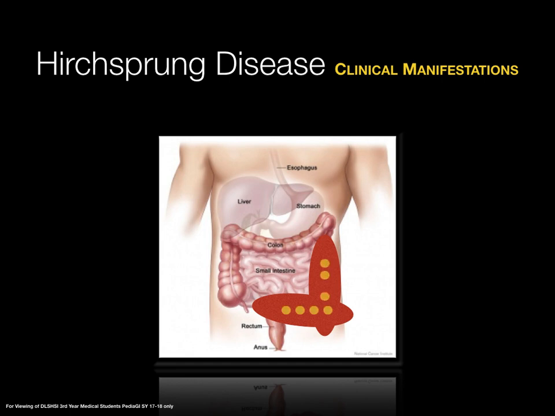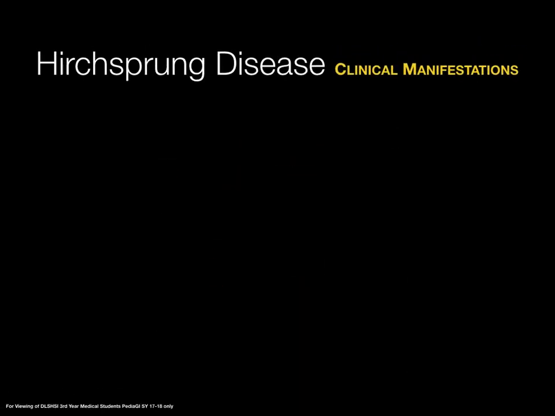Stasis allows bacterial proliferation, which can lead to enterocolitis by Clostridium difficile, Staph aureus, anaerobes, and coliforms. Hirschsprung disease in older patients must be distinguished from other causes of abdominal distension and chronic constipation.